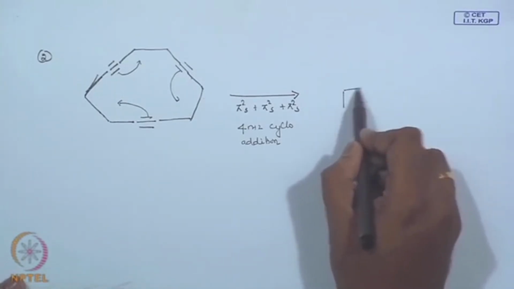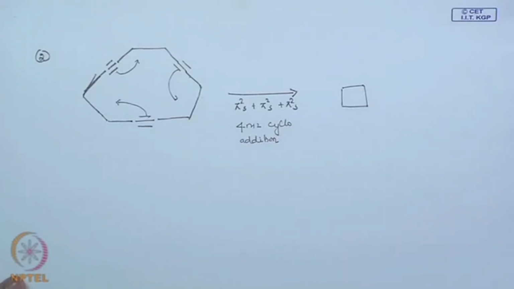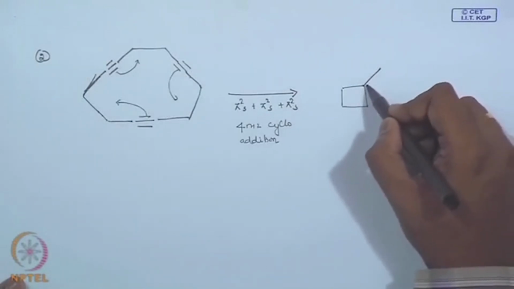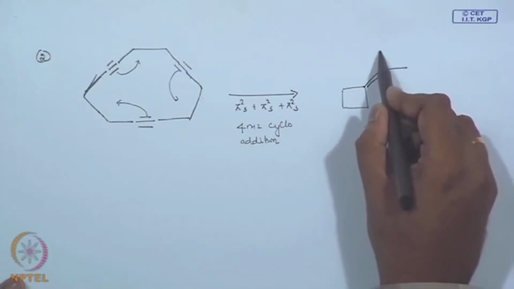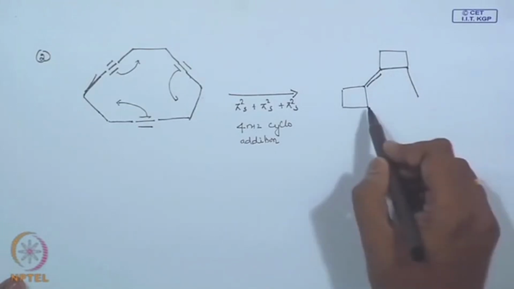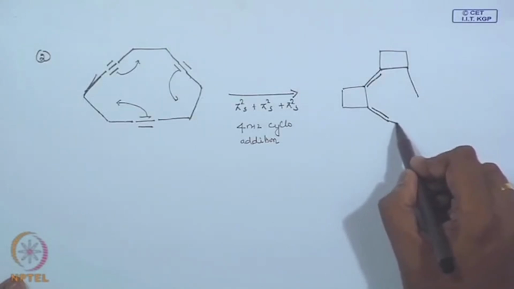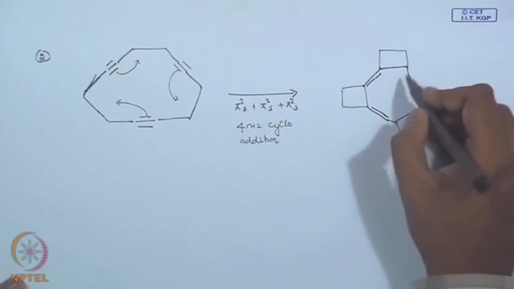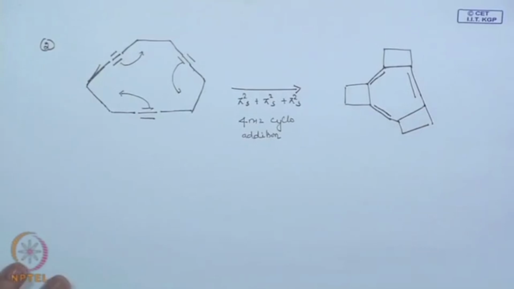Now if I close this one, I have a system like this. Then I have this double bond, which was earlier a triple bond, now it has become a double bond. Now we have a nice system like this.